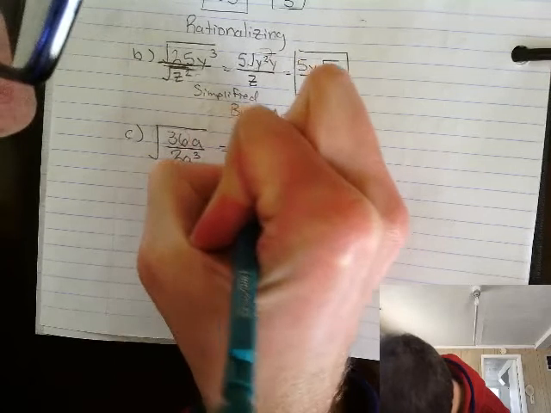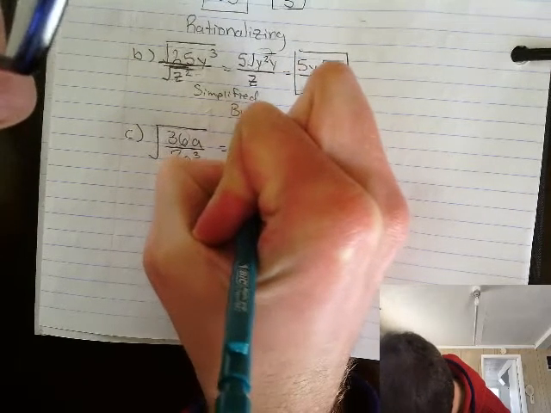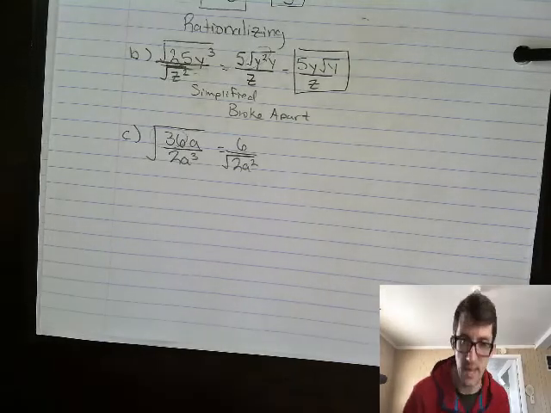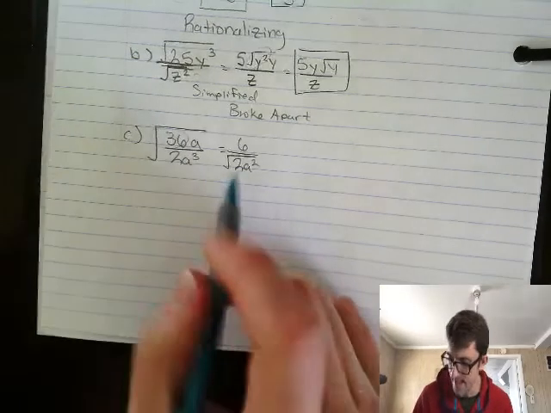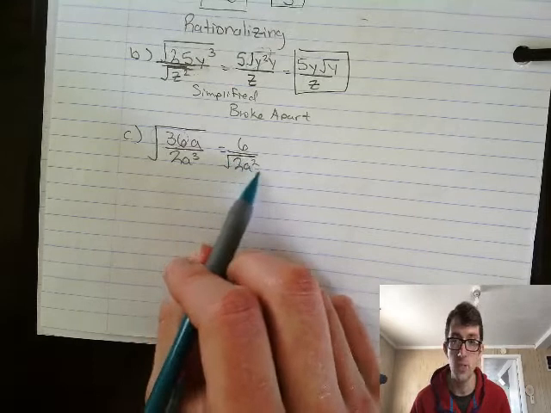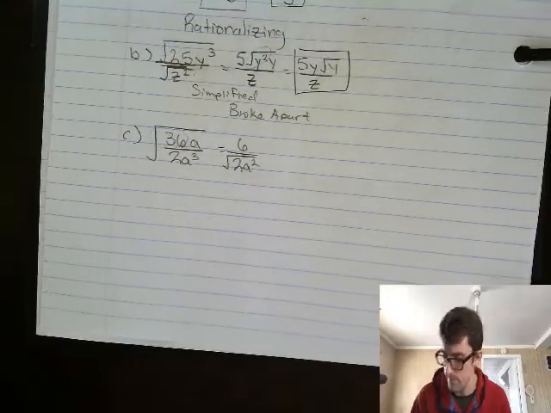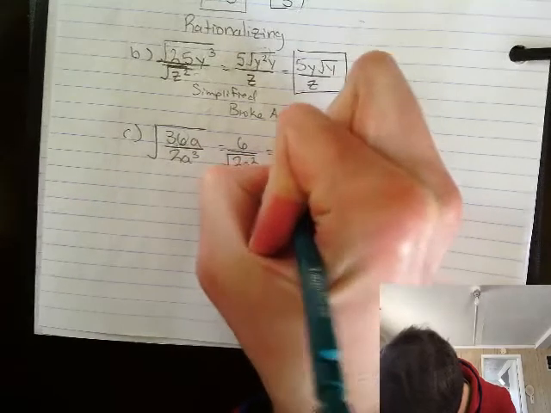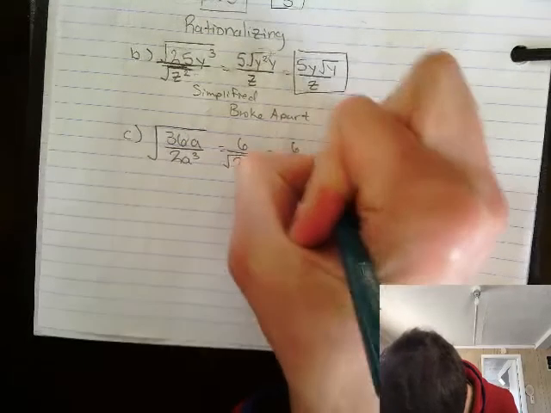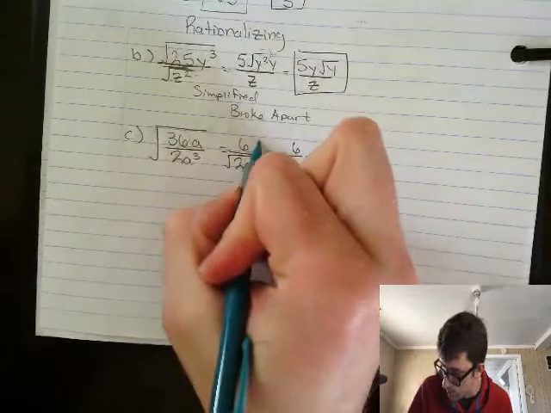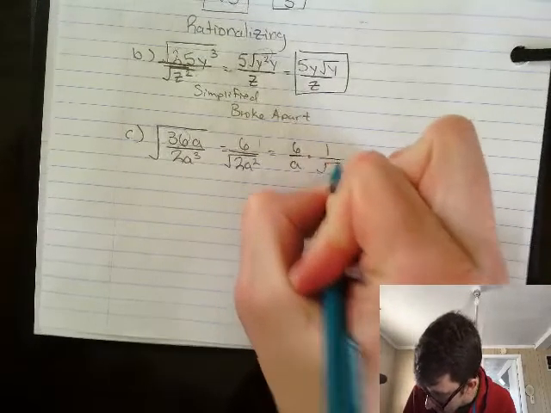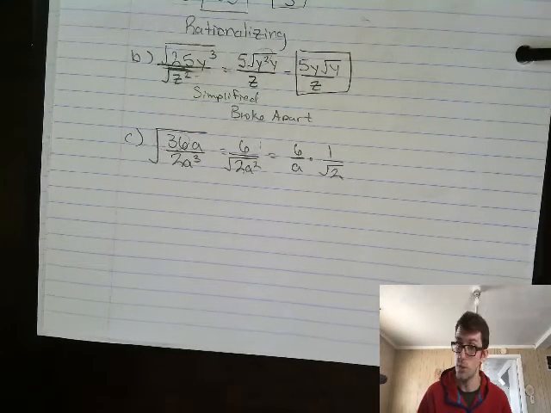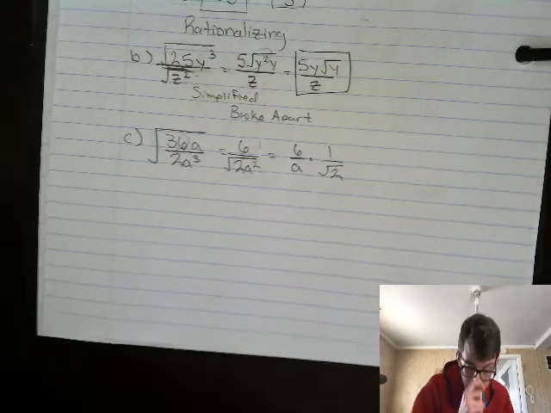So it's going to be 6 divided by square root of 2a squared. Okay. Now, one thing that is nice here is that the square root of a squared can be simplified into a. So we will have 6 over a times 1 over the square root of 2.